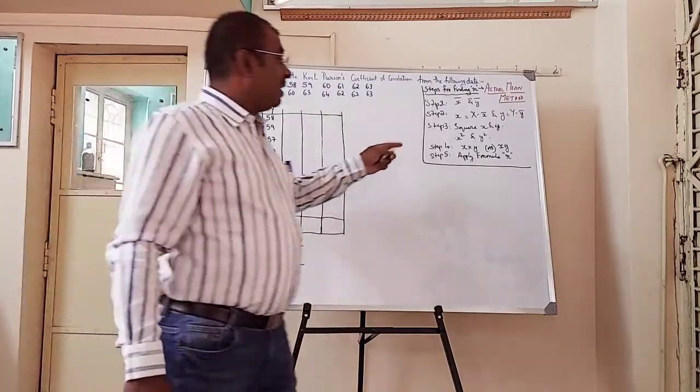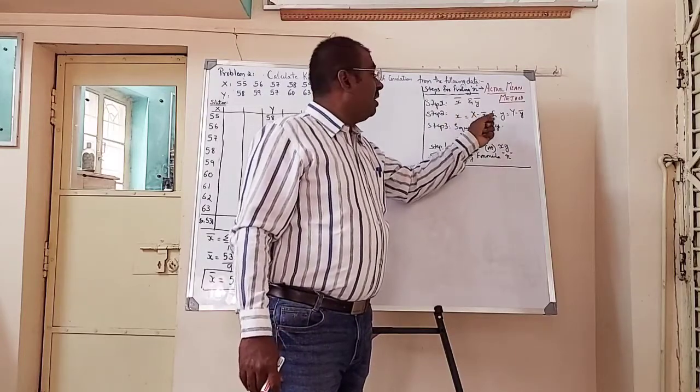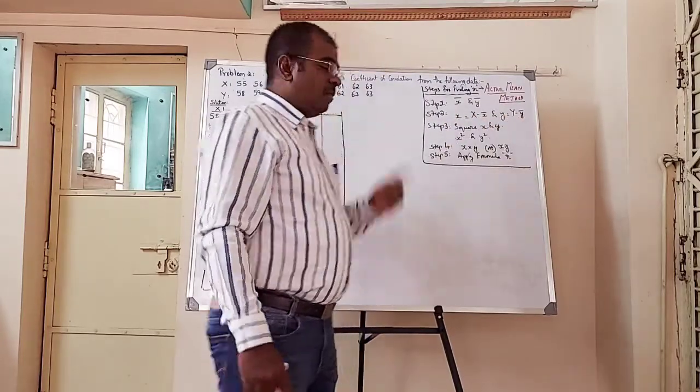Now coming to the second step, finding out the deviations of x, that is x minus x bar, and y, which is y minus y bar.